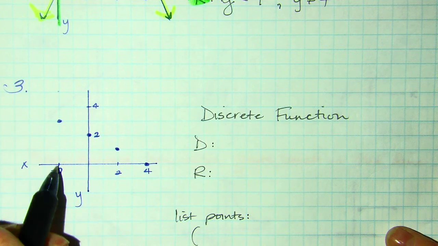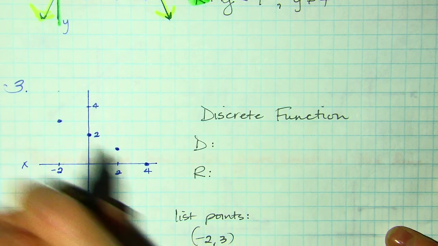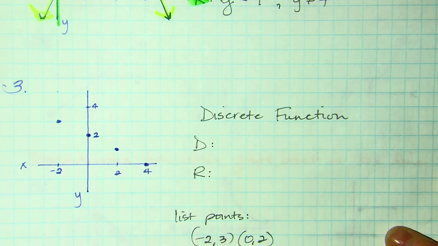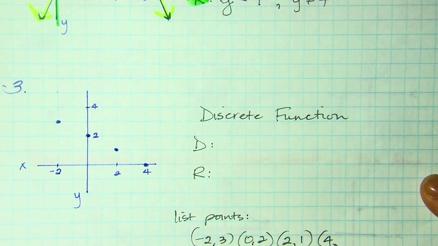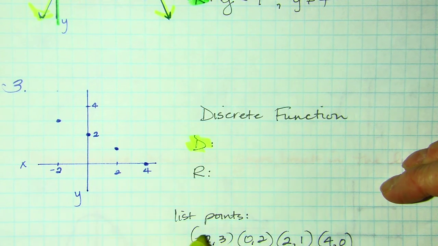So this point here is at -2, 3. The next point is at x is 0, y is 2. The next point is at 2, 1. And this last point is at 4, 0. So my domain should be my x values, right?